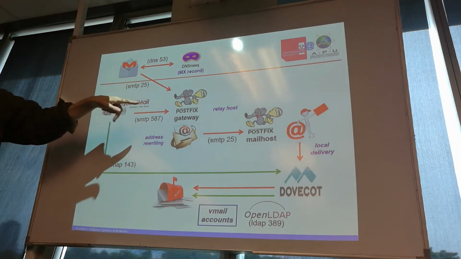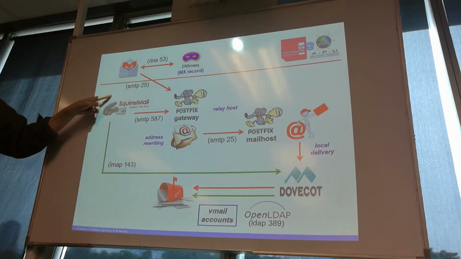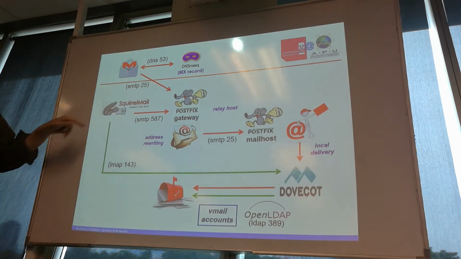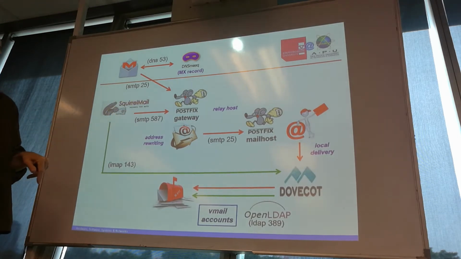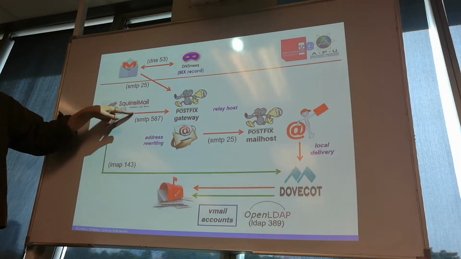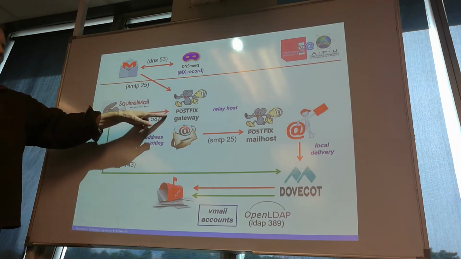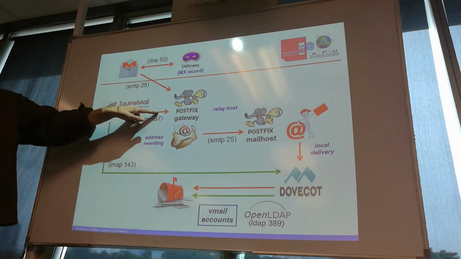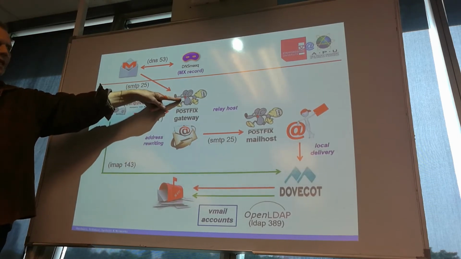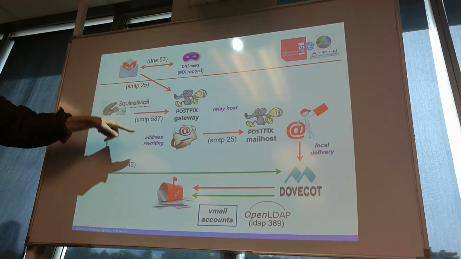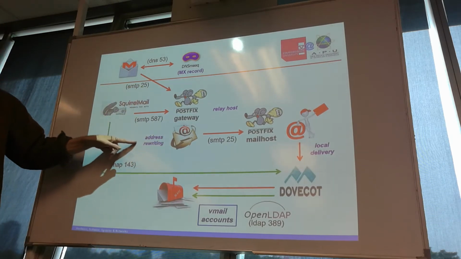Postfix on the gateway is also our web server. When we hit the send button in Squirrel Mail, it's going to pop that across to the gateway on port 587. Postfix is going to take a look at that message and do some address rewriting.